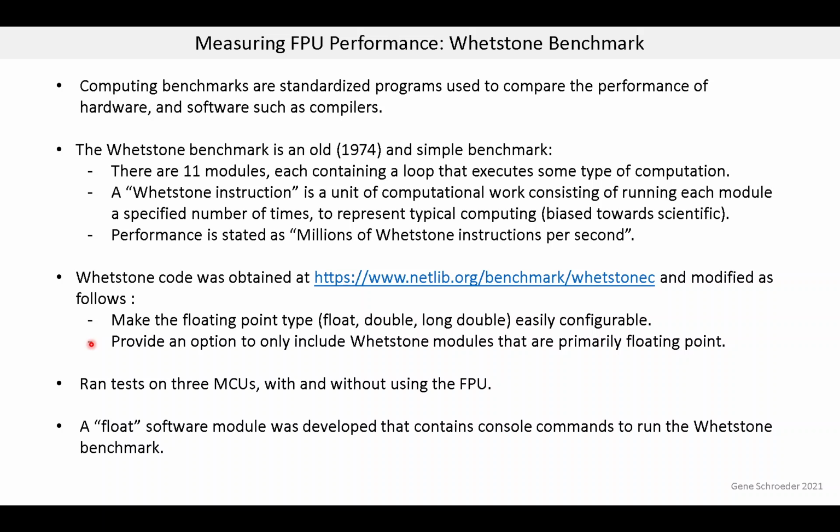This makes it even more floating point centric, which is what I'm interested in. I ran the test with both the standard Whetstone and my modified version. So I then ran the test on 3 different MCUs, which I'll tell you about on the next slide. And if they had FPUs, I ran the test with and without the FPU.